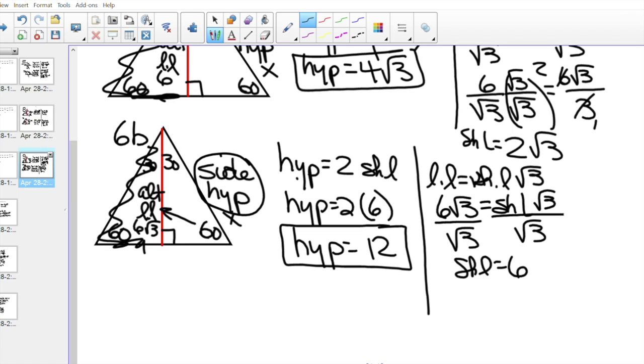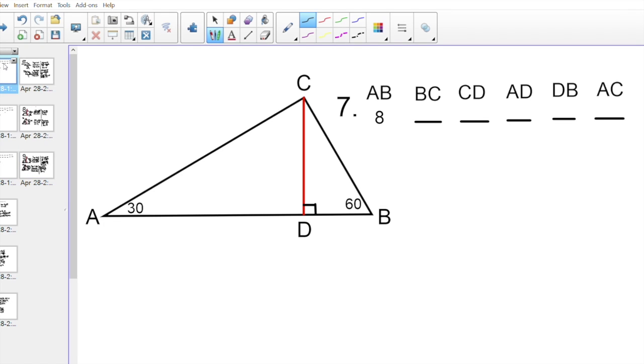And that's how you would do the first 6 problems on that first worksheet. Now, that leads us down to number 7. On number 7, you're going to see how far we can go with this.